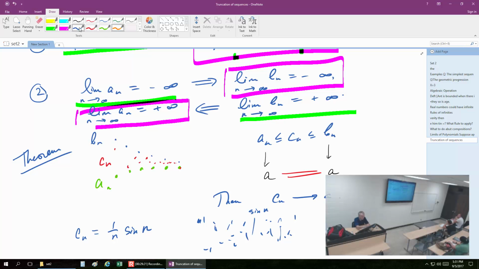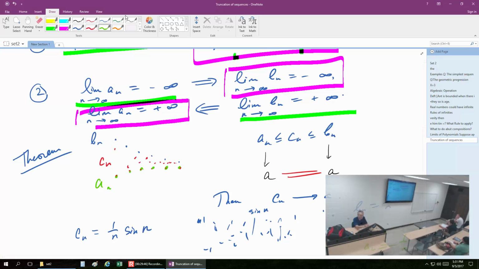This is what it's going to look like. What I plotted here is sine n, and now suppose we have a sequence Bn equal to 1 over n, so positive number reciprocals going towards 0. From the bottom, we're squeezing it with An equal to -1 over n.